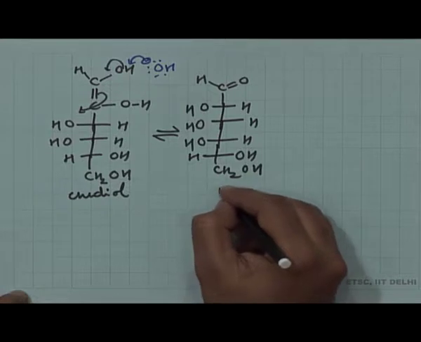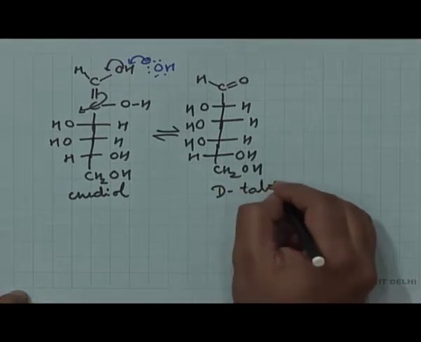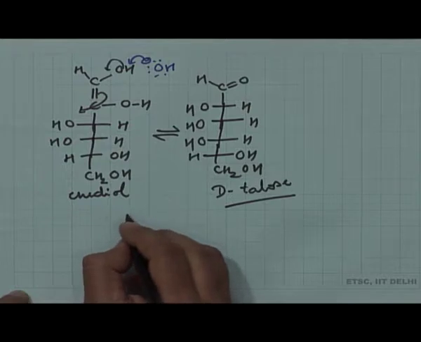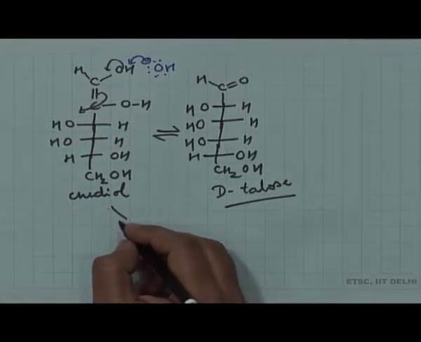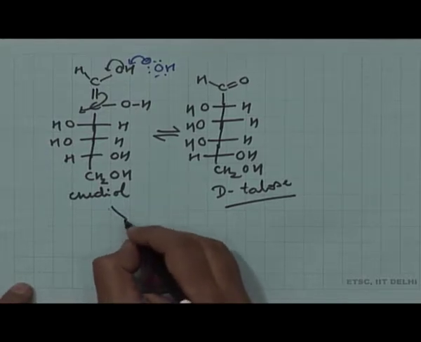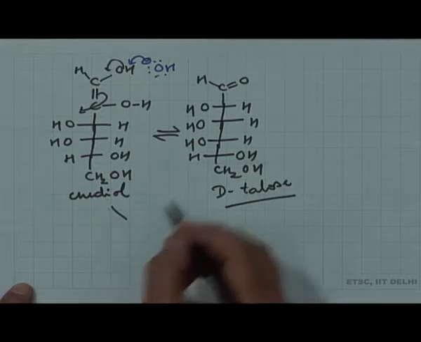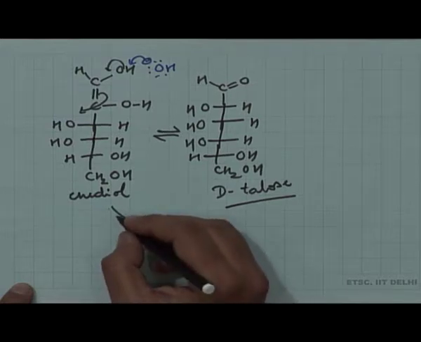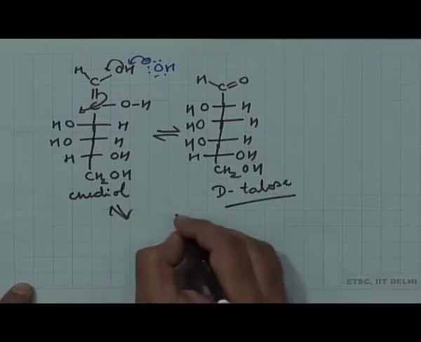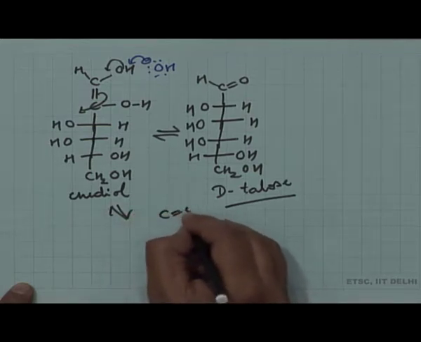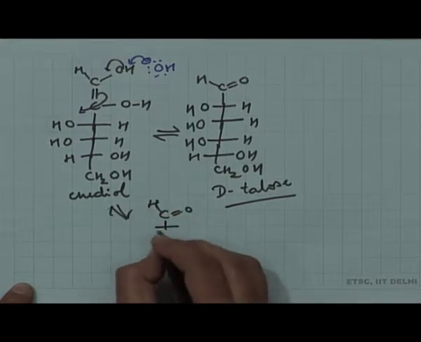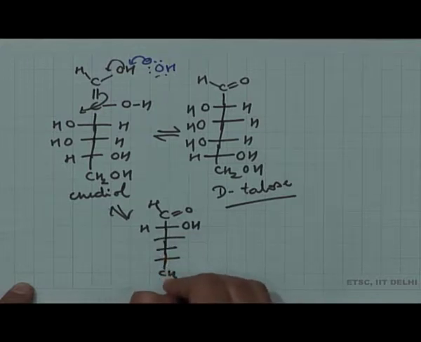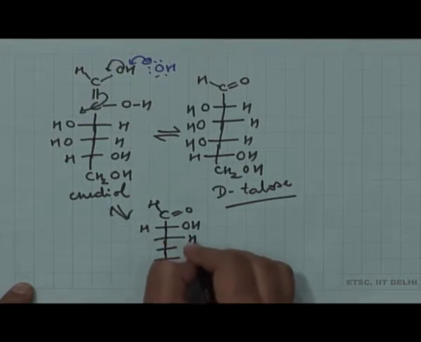So, if from the bottom face then this is D-talose, and if from the top face then it will form D-galactose.